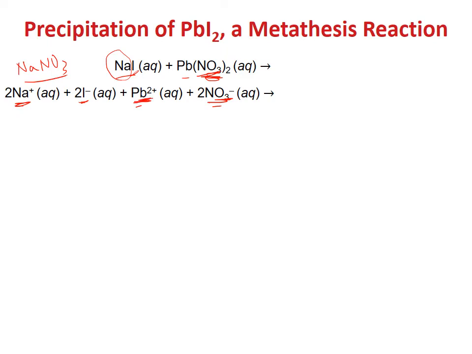Lead will combine with iodide, so it's possible to form lead iodide. Next we are going to look at the solubility rules. Are they soluble? Well, sodium nitrate is very soluble. It's a group 1 metal and with nitrate, so it's rule number 1 and rule number 3. They are highly soluble, and therefore you get sodium ion and nitrate ion.